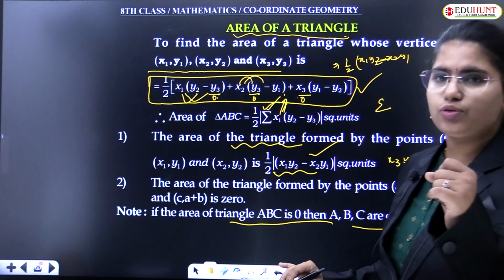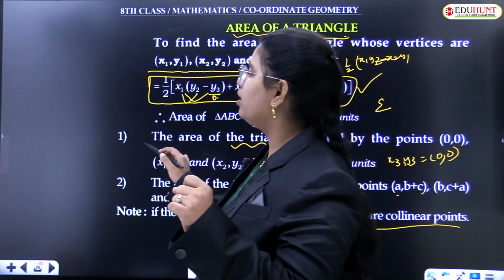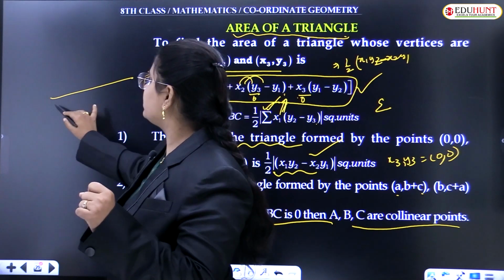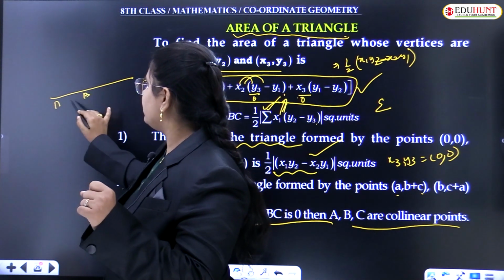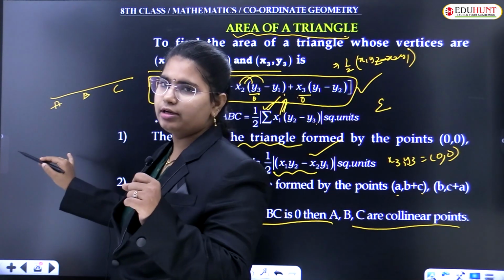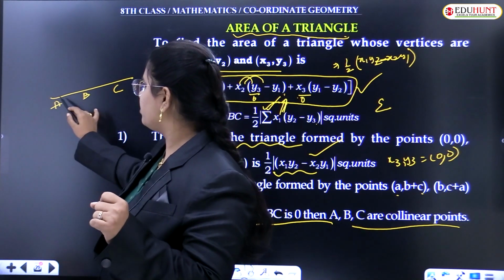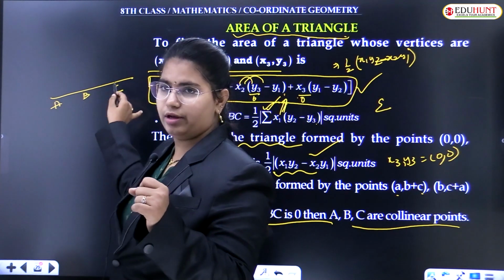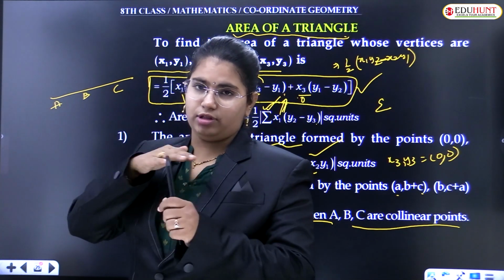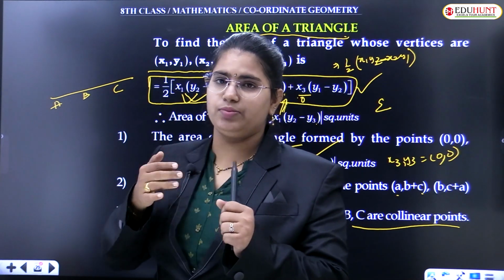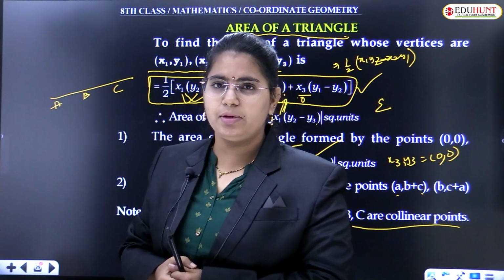Do you remember? I told you the definition of collinear. If any three points lie on the same line, then we call them collinear points. So can you form a triangle if all three points lie on the same line?